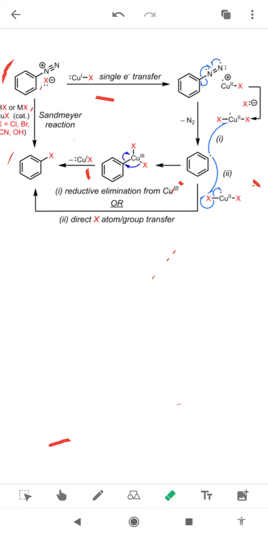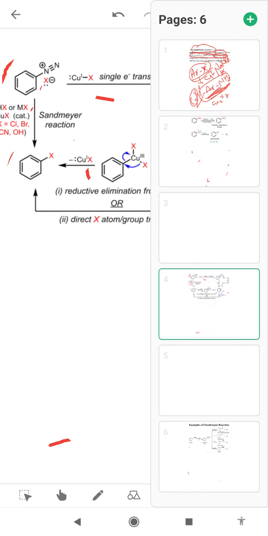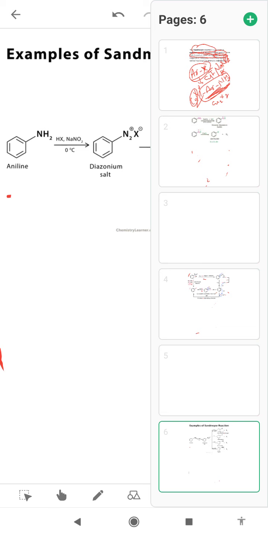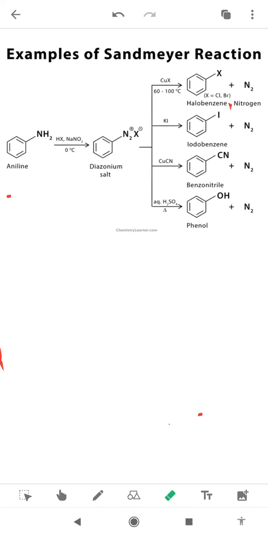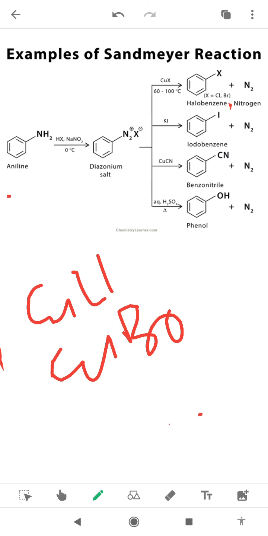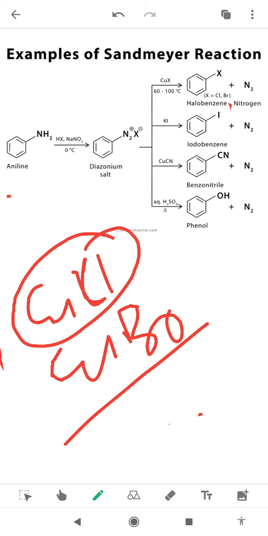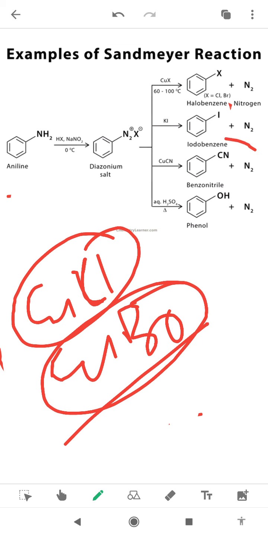There are some other examples also present in the Sandmeyer reaction. It is not limited to CuCl or CuBr. We can note that the Sandmeyer reaction is not limited to the preparation of chlorobenzene and bromobenzene. It is also useful to prepare benzonitrile and phenol also.